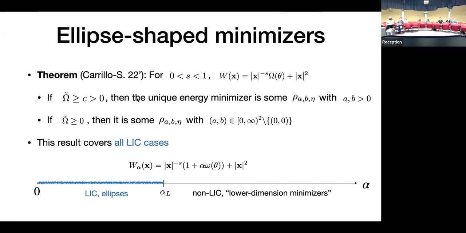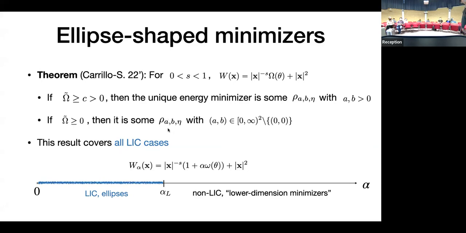Then we get to the conclusion that the unique energy minimizer has to be some non-degenerate ellipse-shaped distribution as in the previous slide. And suppose you just assume the LRC equivalent to omega tilde non-negative, then there is some possibly degenerate ellipse-shaped distribution, which is a unique minimizer.